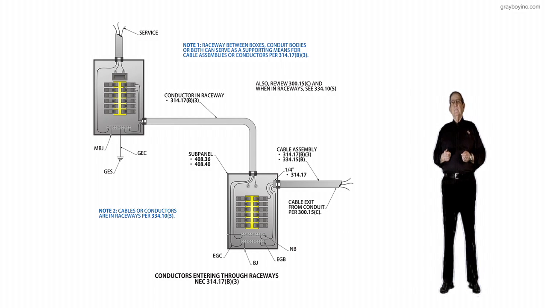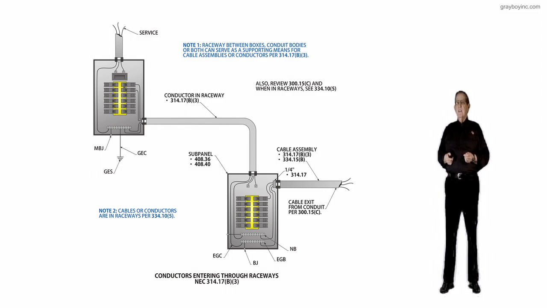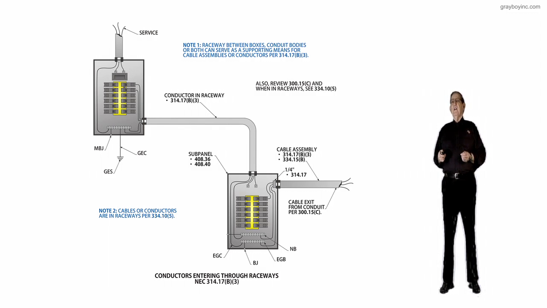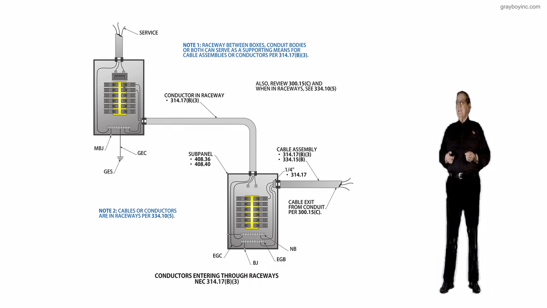And first, let's look at the cable assemblies, and that's a cable now to the right of the subpanel. And notice the cable assembly must comply and be permitted in 314.17(B)(3) and 334.15(B).